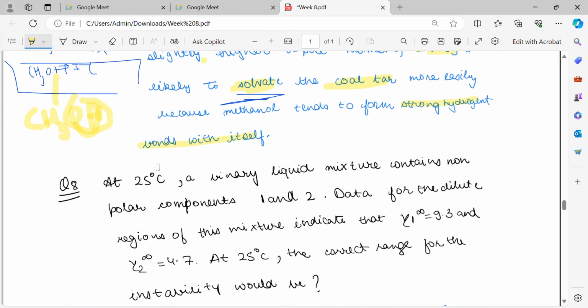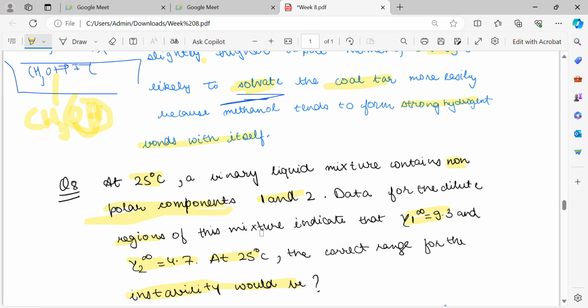Let's see another question. At 25 degrees Celsius, a binary liquid mixture contains non-polar components 1 and 2.